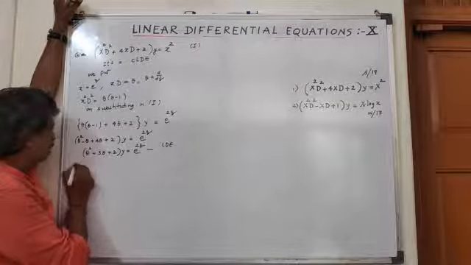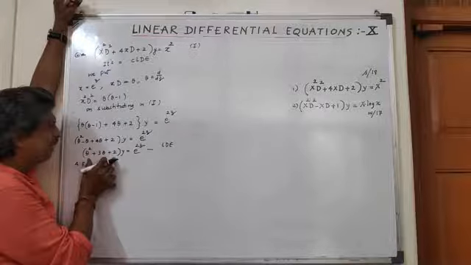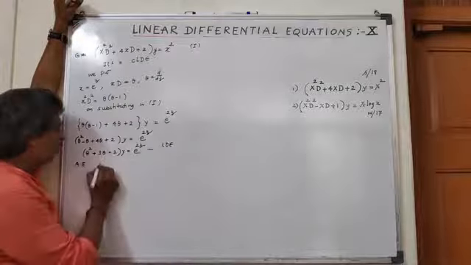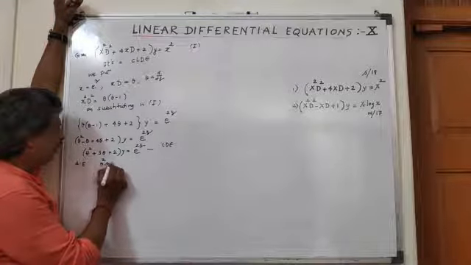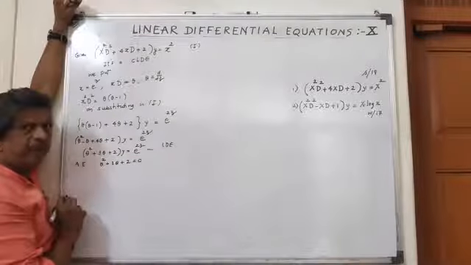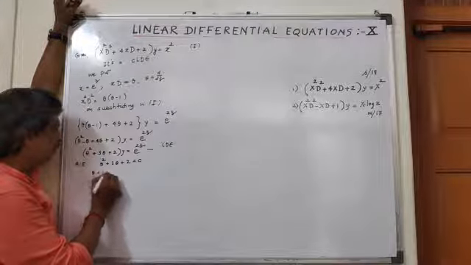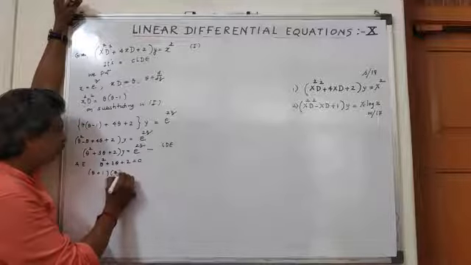We shall write the auxiliary equation f of theta equal to 0: theta square plus 3 theta plus 2 equal to 0. Very simple quadratic equation in theta. So theta plus 1 into theta plus 2 equal to 0.